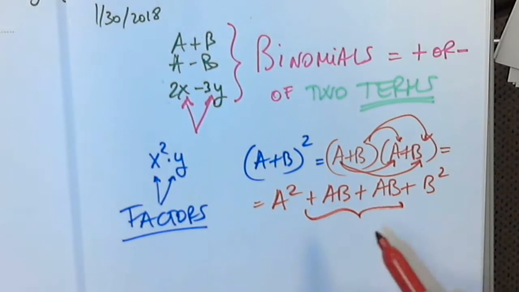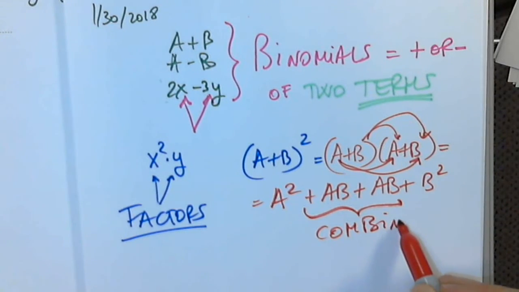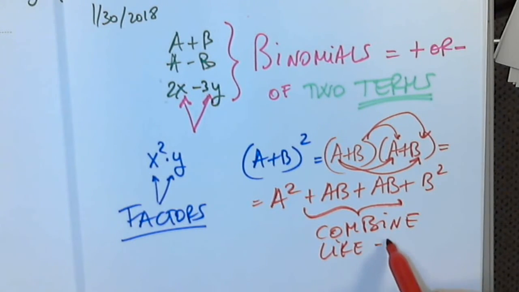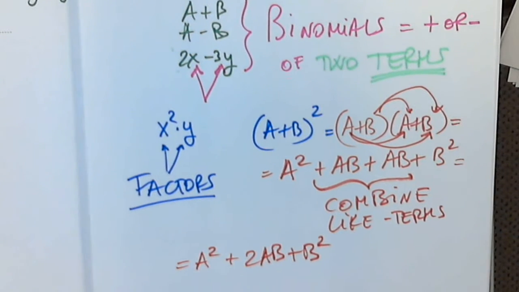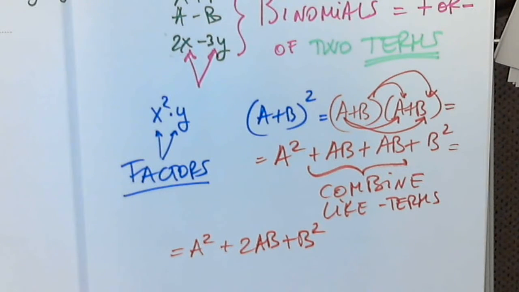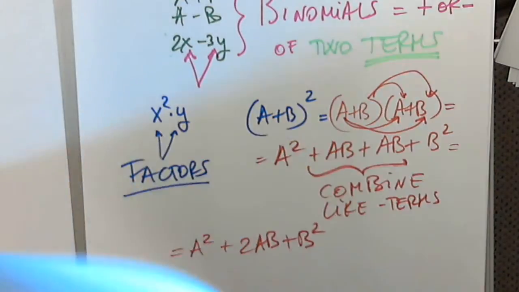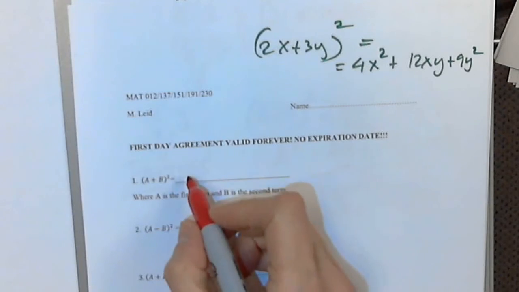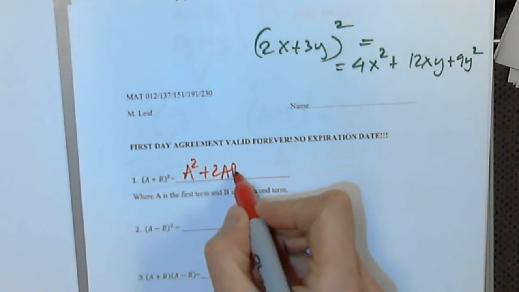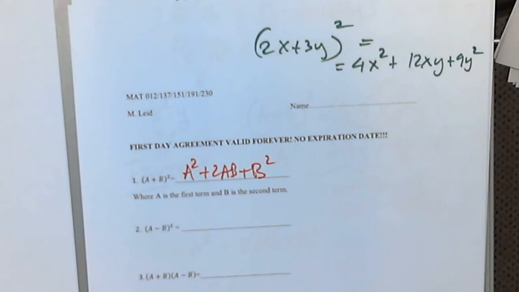That you can combine like terms, that's another keyword. And what happens here is you get a squared plus 2ab plus b squared. Agreed? So then on your form, you will write a squared plus 2ab plus b squared.